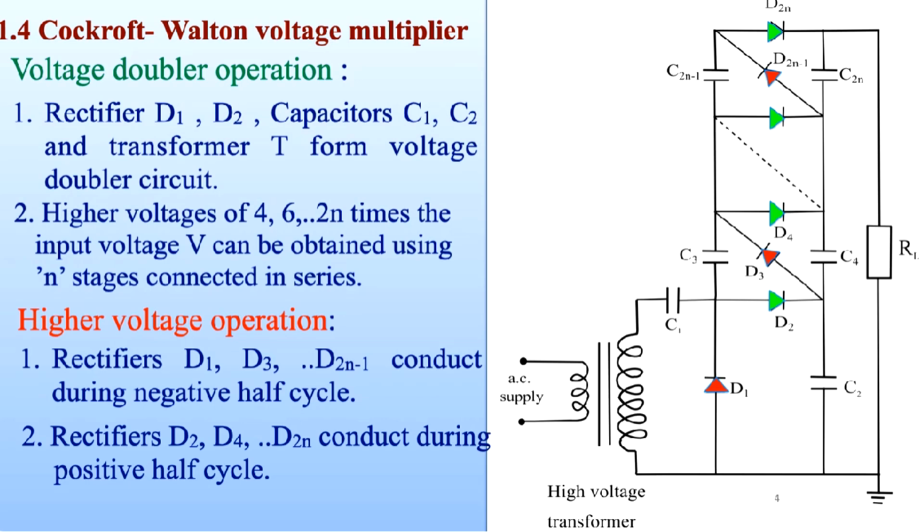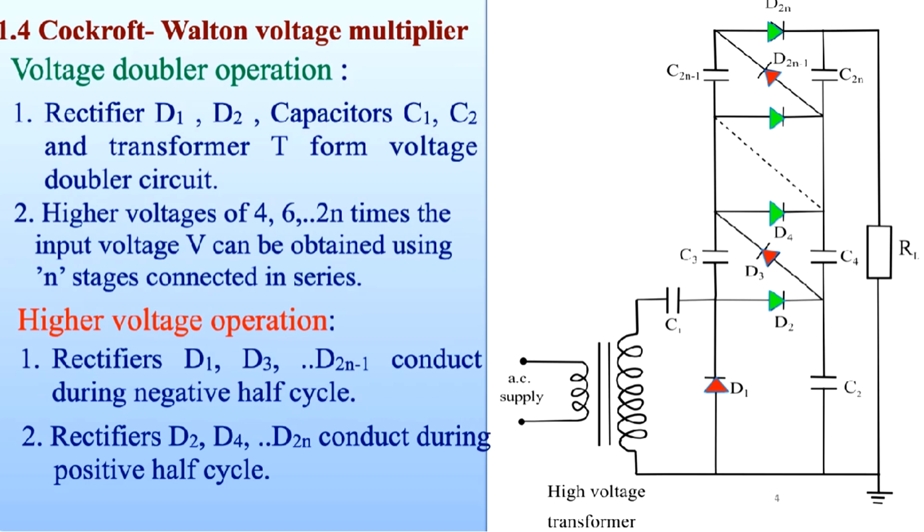You can see there is a load resistance added with the increase in capacitors from C1 to C3, C4 and so on up to C2n. The diodes added are D1, D2, D3, D4 and so on, up to D2n.